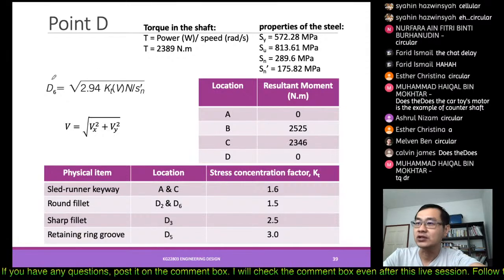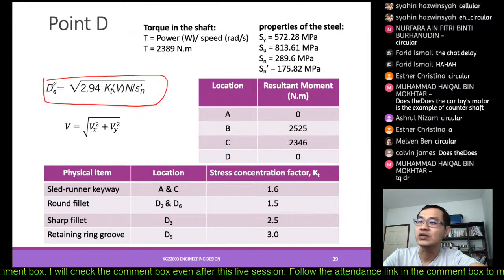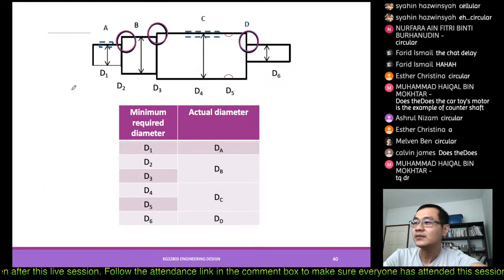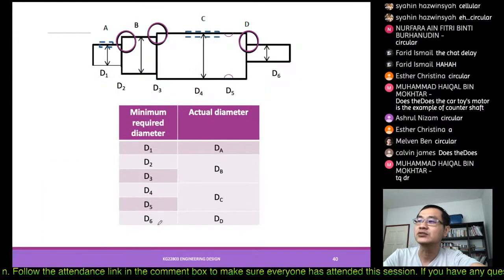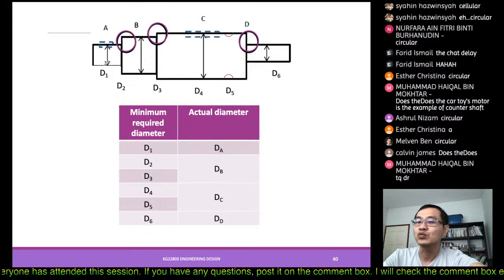Because of that we will use this equation mainly due to the shear, and we will estimate the diameter at point D6, right? So now we have D1 until D6 at different locations. So how can we determine the actual diameter that we would want to use?